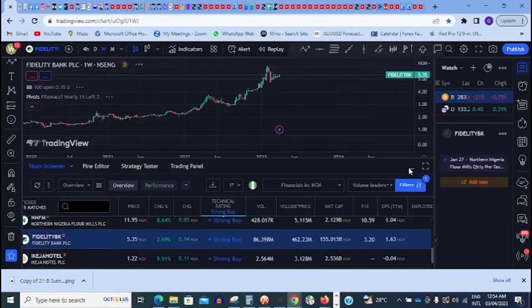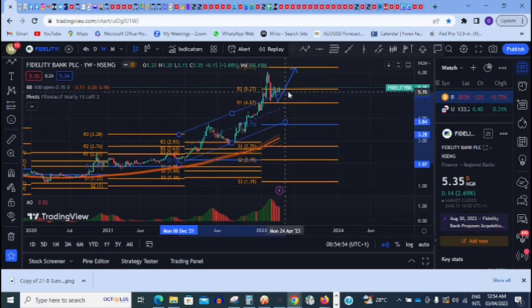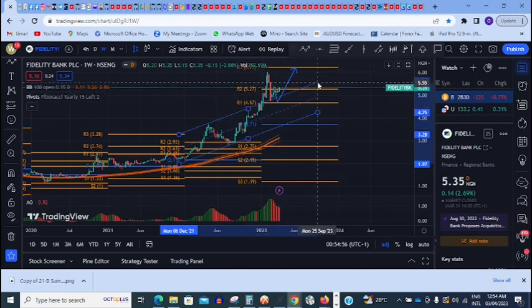Fidelity Bank. This is still valid. So assuming you've picked it around this level of 4 naira 73 kobo thereabout. But if you want to buy this, maybe at the low of last week, but I'm not too comfortable with this stock anymore. It's still going up, but okay.